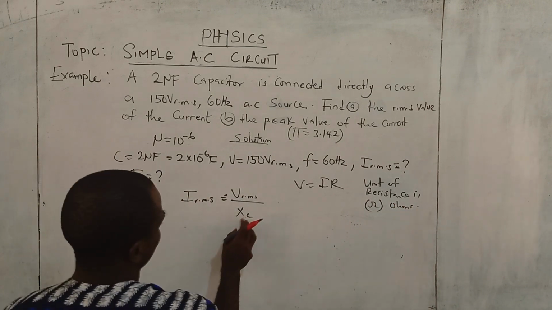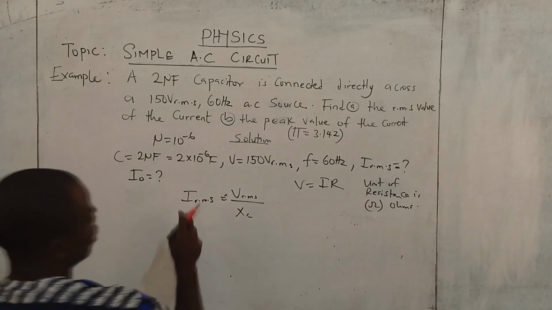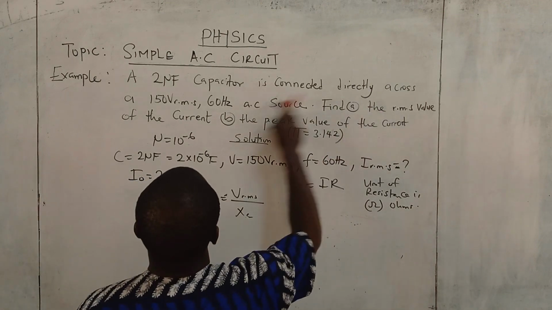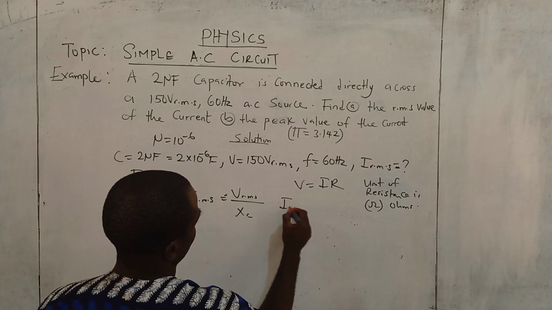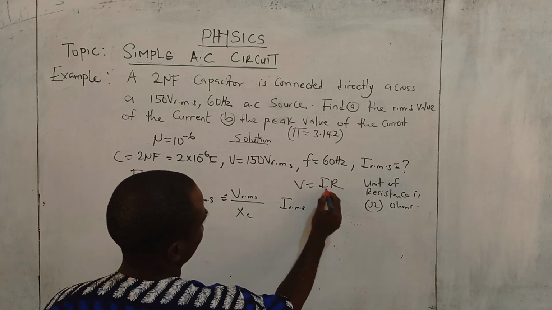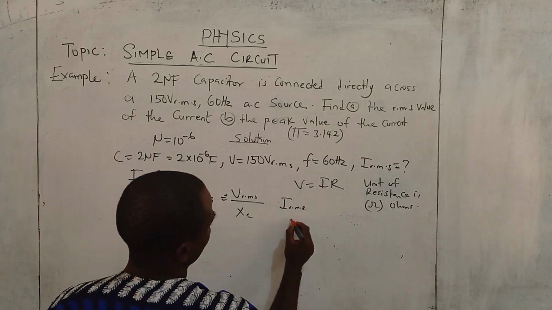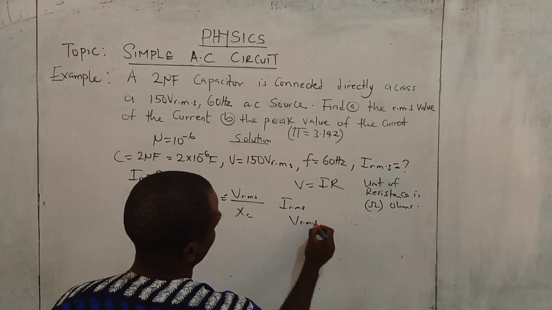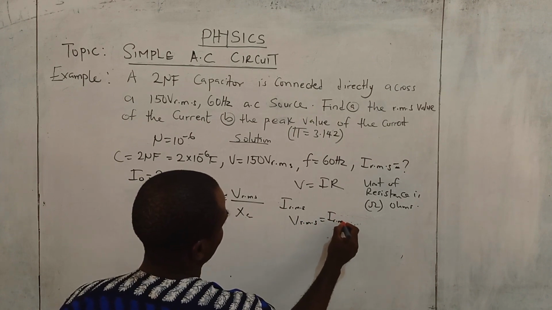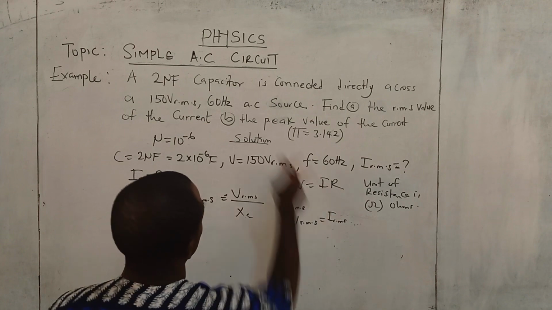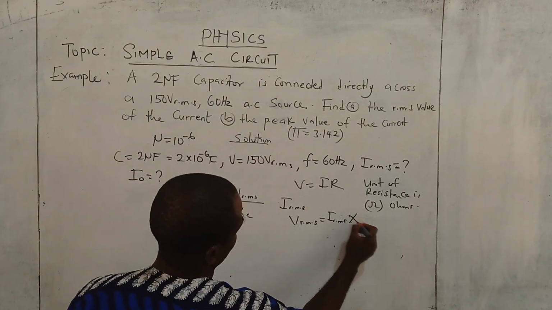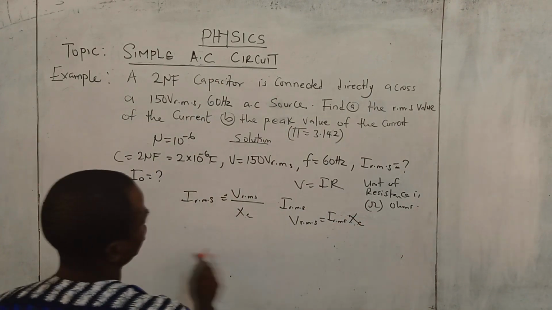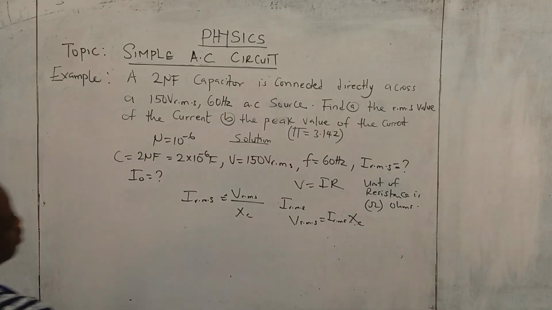This capacitive reactance is also in ohms, and you are looking for the root mean square of the current. From here, you just change it to V root mean square equals I root mean square Xc. Instead of putting resistance, put Xc, because we are dealing with capacitance. Now from there, you have to look for Xc.